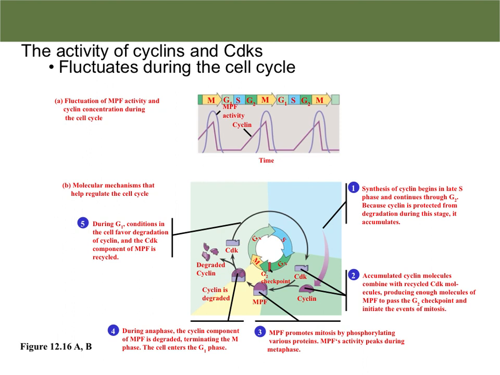That cyclin and CDK complex is what we call the MPF. That is the maturation promotion factor. That's going to be what signals for the cell to continue on to the next phase. Once it continues to the next phase and it's good to go, that cyclin is going to be degraded. It's going to break down until it slowly accumulates for the next round of division.